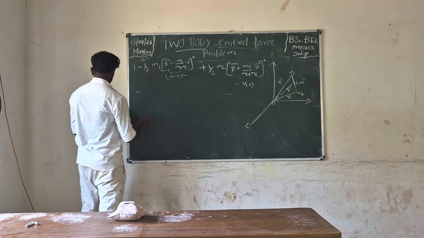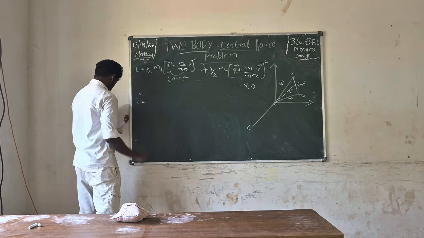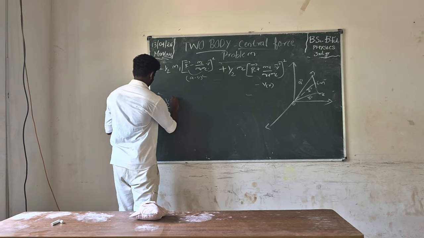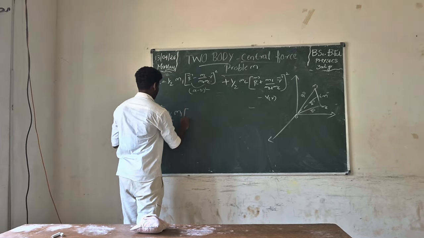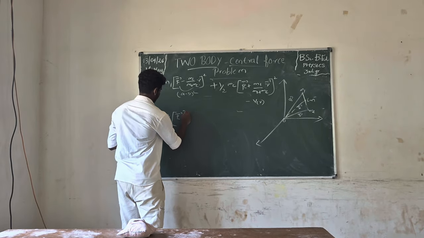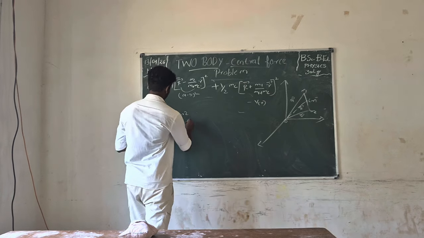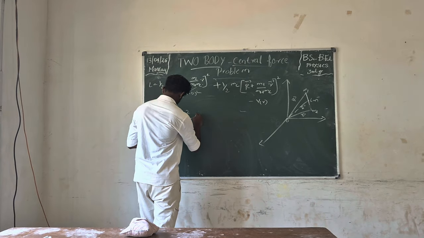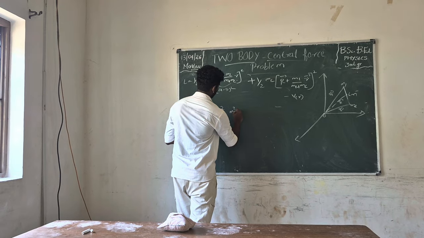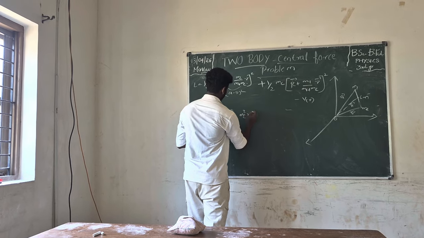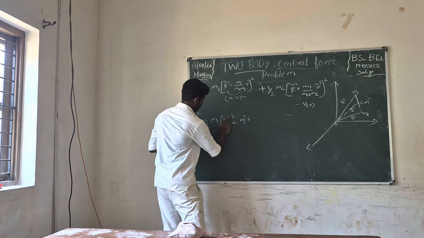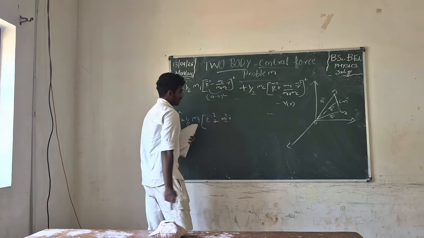When we expand, we will get L is equal to half into m1 capital R dot square plus m2 square r dot square. If this becomes a square, we don't need to put the vector value.